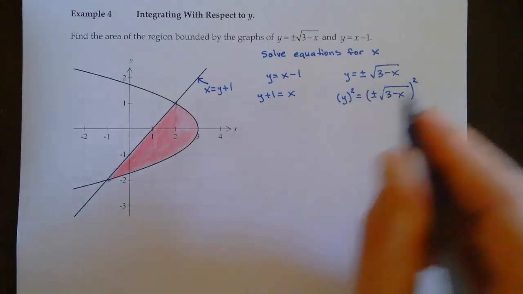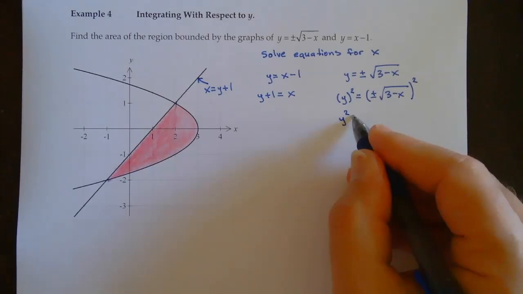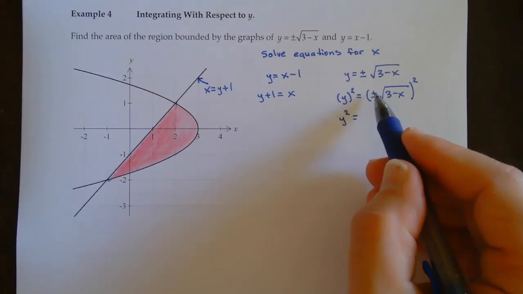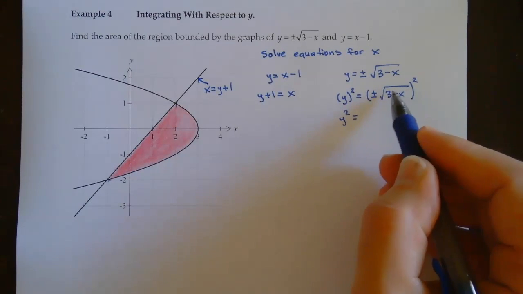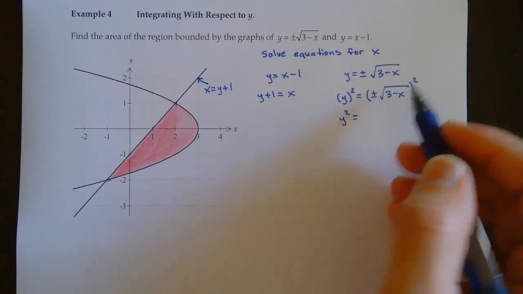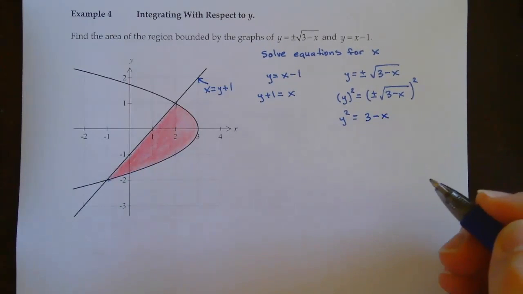When you square a positive or a negative, you get a positive, and squaring also cancels out the square root. So we're left with 3 minus x.